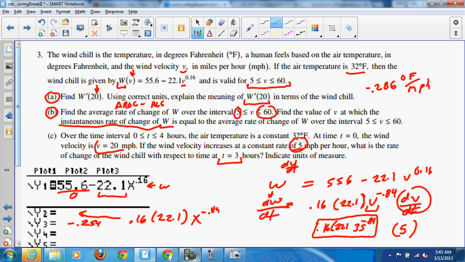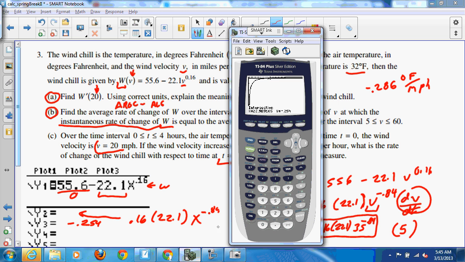And then multiply that by 5. And that'll tell us the wind chill change with respect to time. Alright, so I think I still have this one in the calculator. This is negative 3.536.